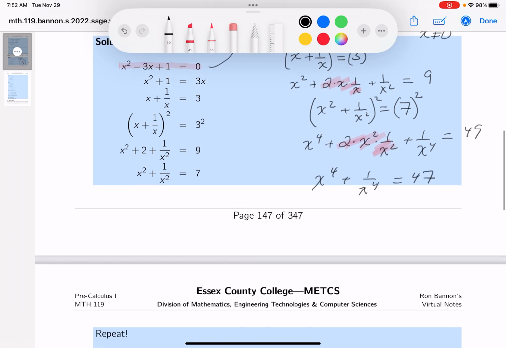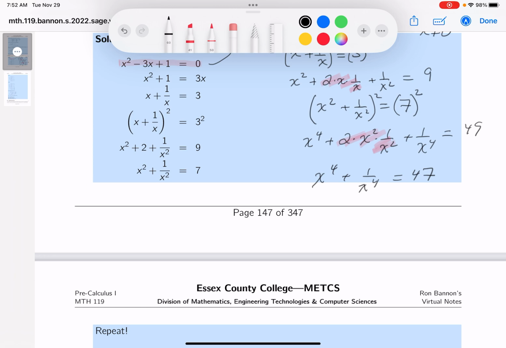What I'm going to do now, again, is square both sides. I'm getting bigger and bigger powers. What do you get over here? x to the 8th plus 2 times x to the 4th times 1 over x to the 4th plus 1 over x to the 8th equals 47 squared.